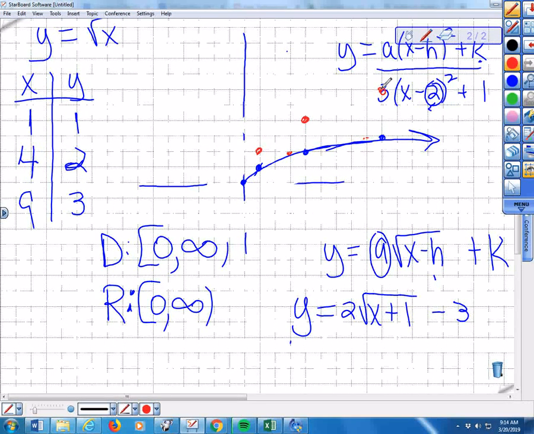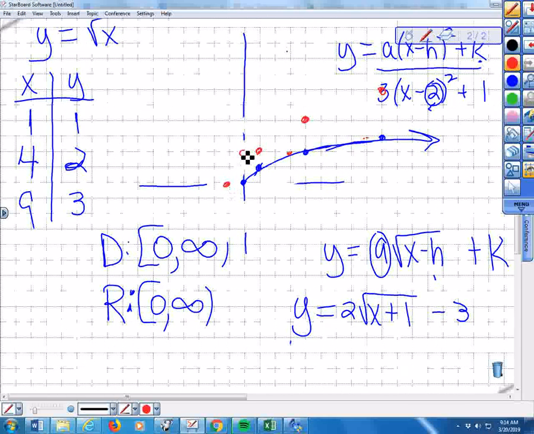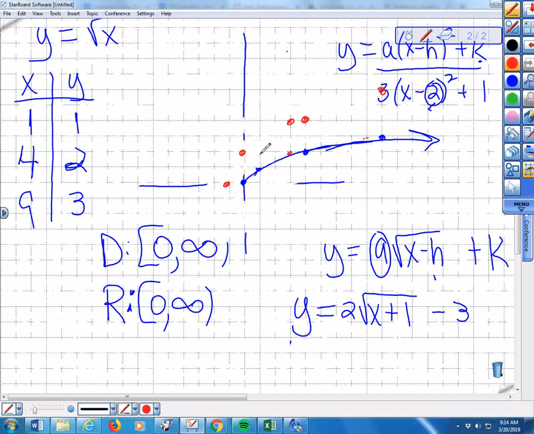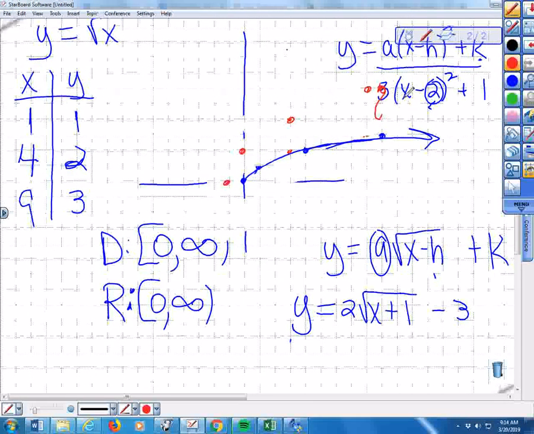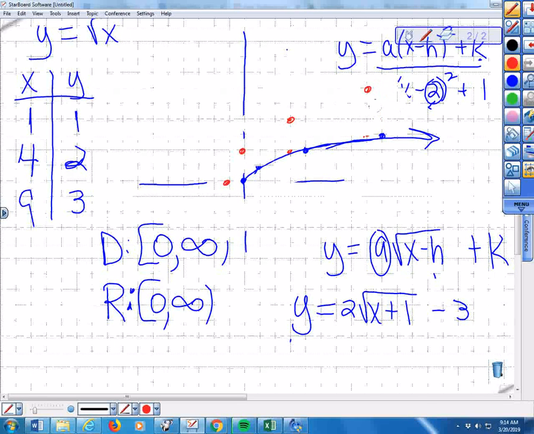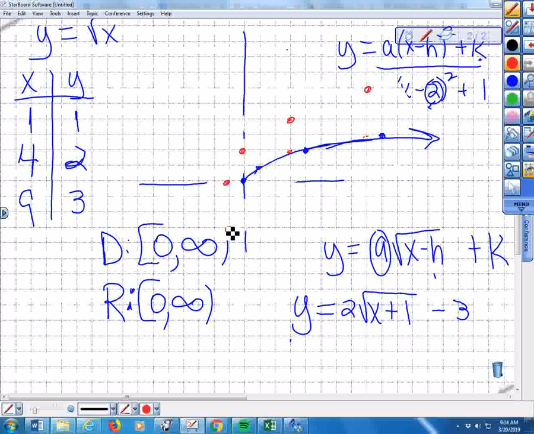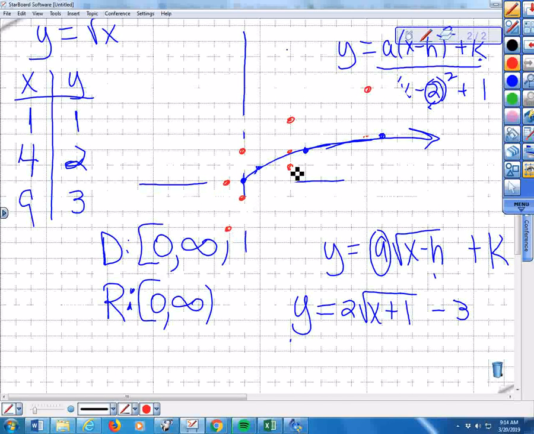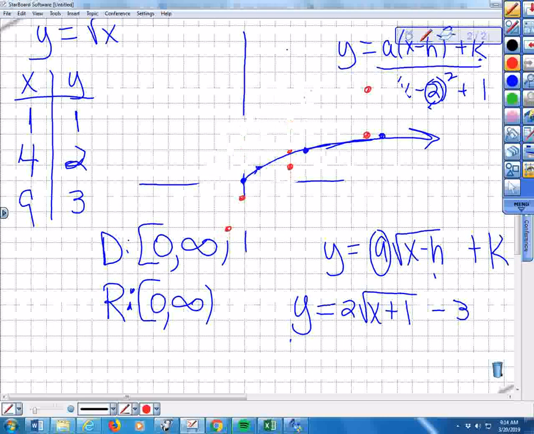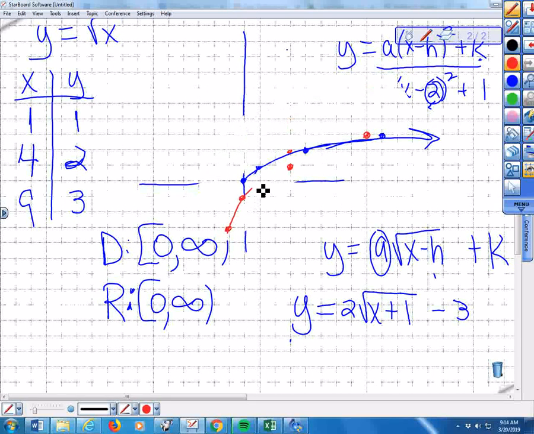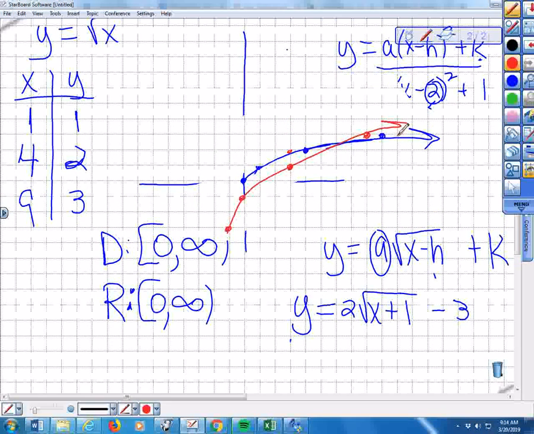Now I'm going to shift each one of these left 1. I'm going to erase these as I go so I don't confuse myself. And I'm going to shift them down 3. 1, 2, 3. 1, 2, 3. 1, 2, 3. 1, 2, 3. And now I have the new graph from the original.